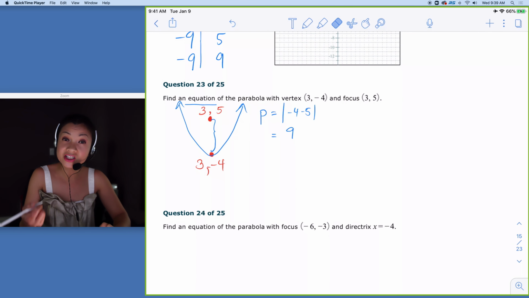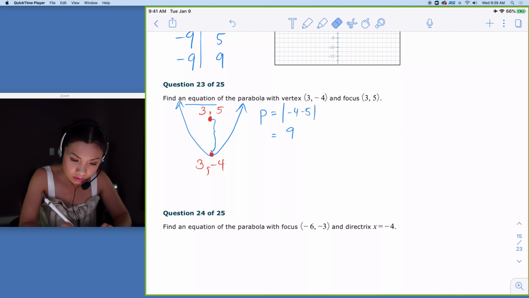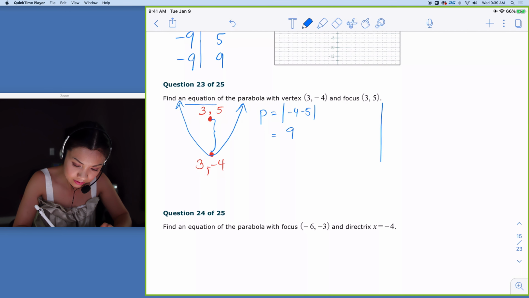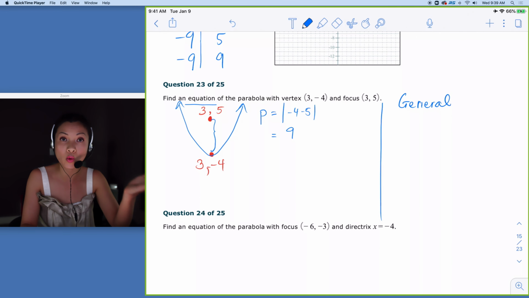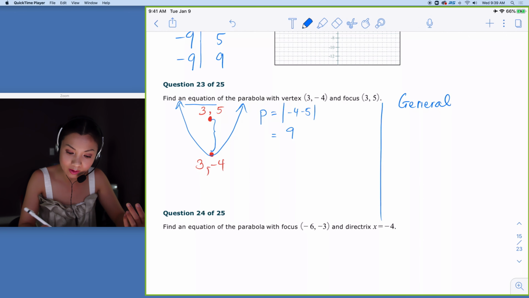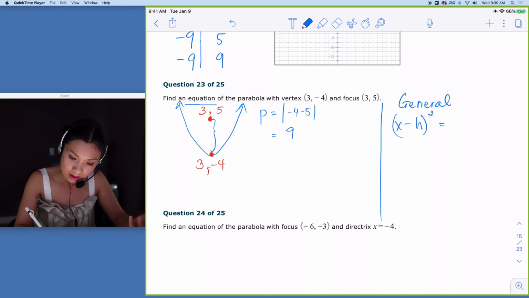Let's write down the general form. Remember, we either have x squared or y squared. So let's talk about the one that we know well, which is the x squared. So x always goes with h, and then this is always for p, then y goes with k.